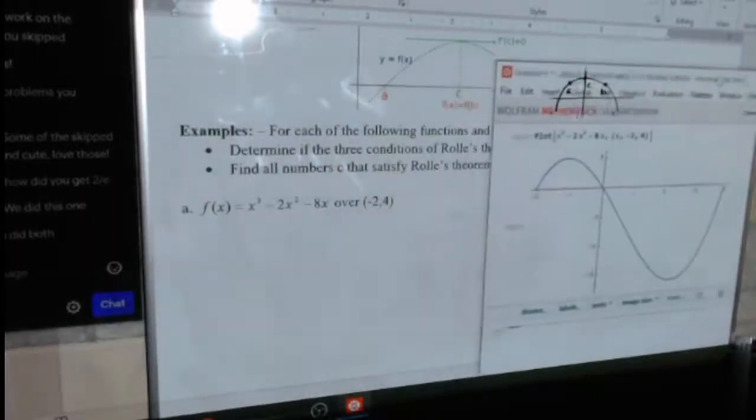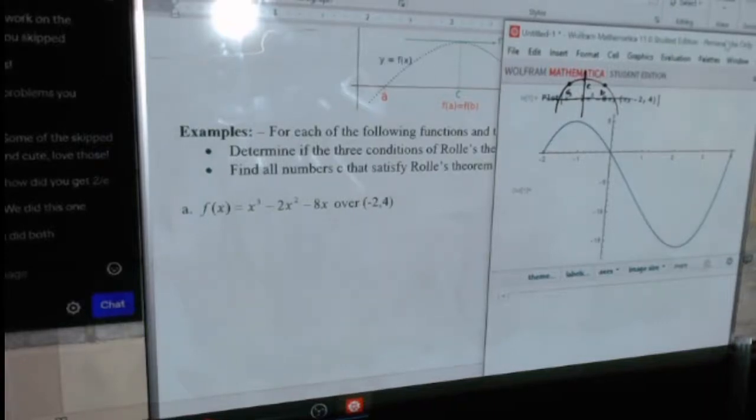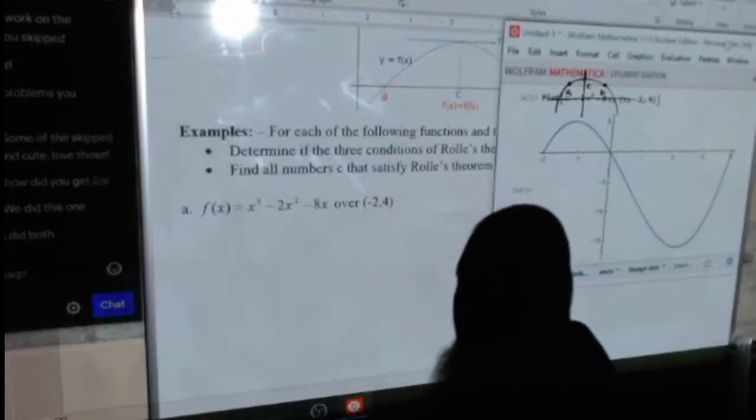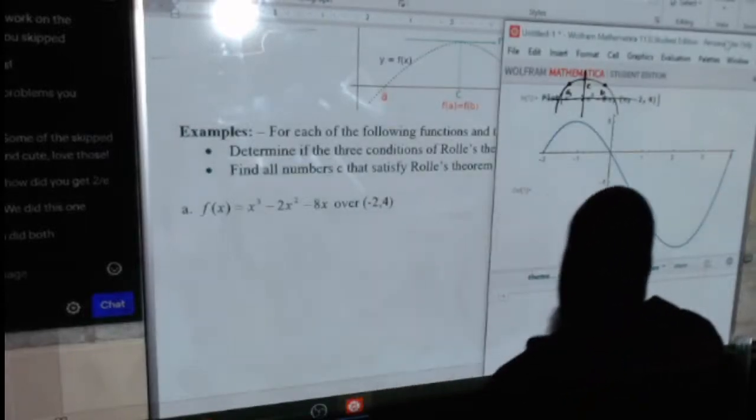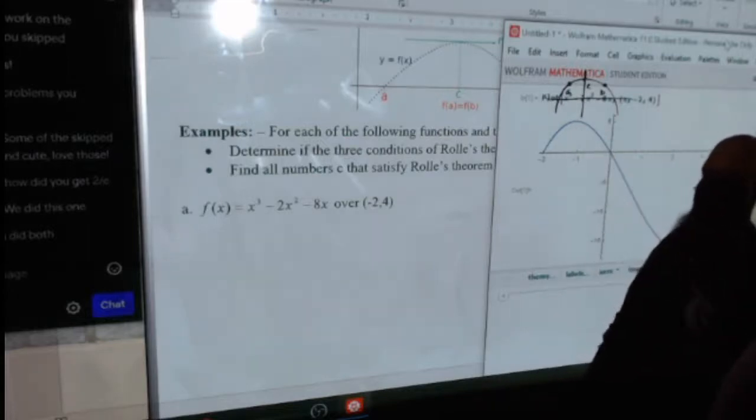So it appears that there are 2 points such that this occurs. So did I find these 2 points for you?